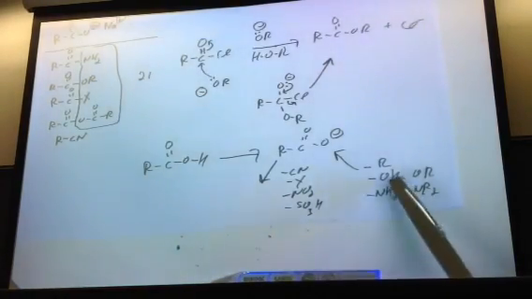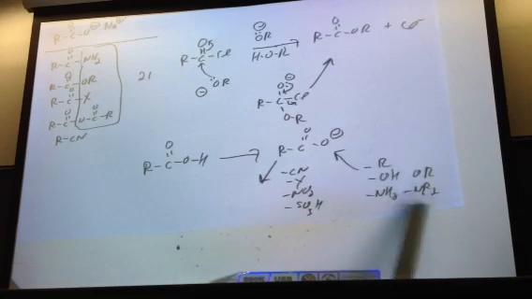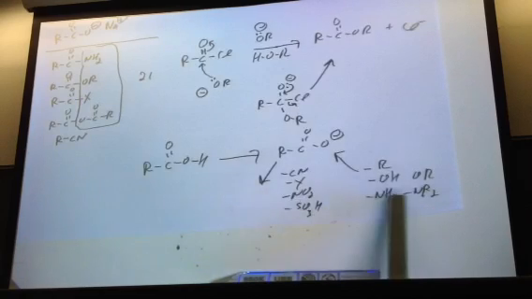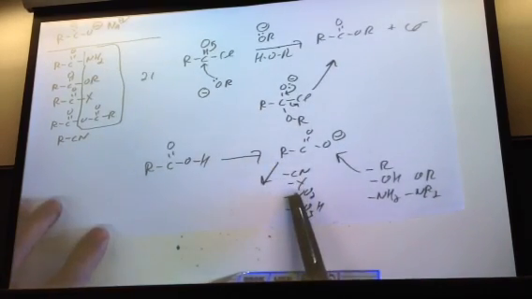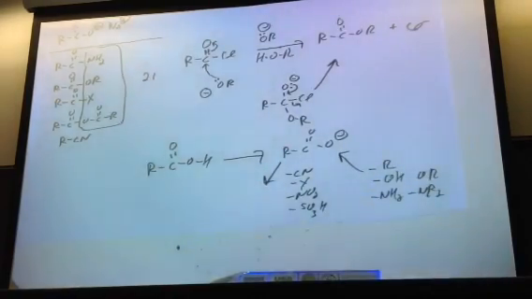And these groups would tend to intensify that negative charge, making it not easy to form. So the groups on the right here, if you see any of these, they make it a weaker acid. These groups on the left make it stronger. Now obviously if you see one of these and one of these, the effects kind of cancel each other out. But if you have just one of these, it would be a strong acid. If you have just one of these, it would be a weak carboxylic acid.